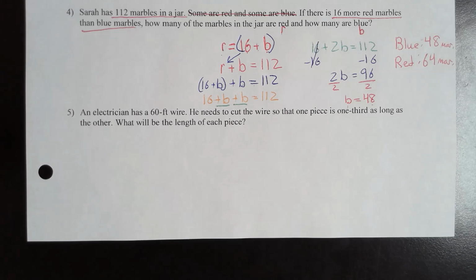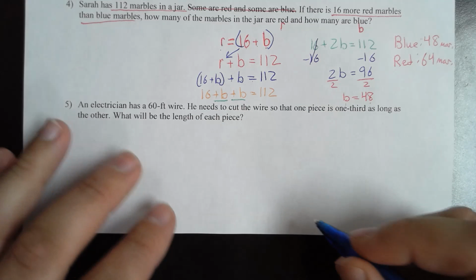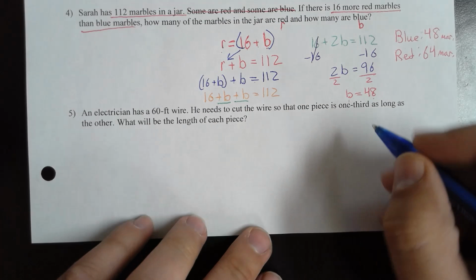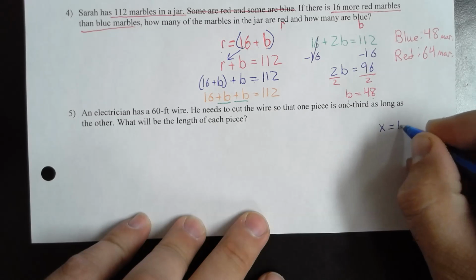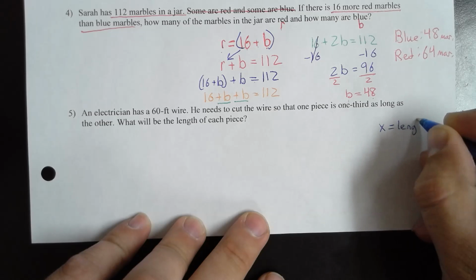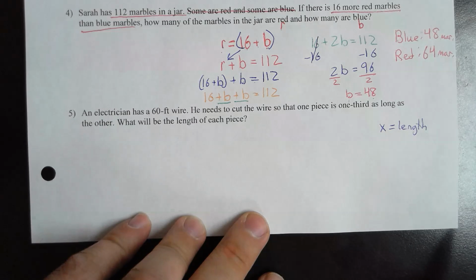Okay. Now, since we're looking at the length of our piece, if we make x be the length of our longer piece, we can look at it this way and have one total equation.